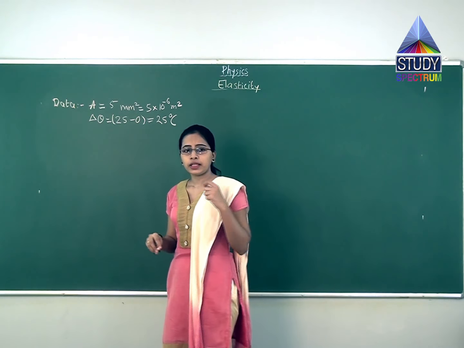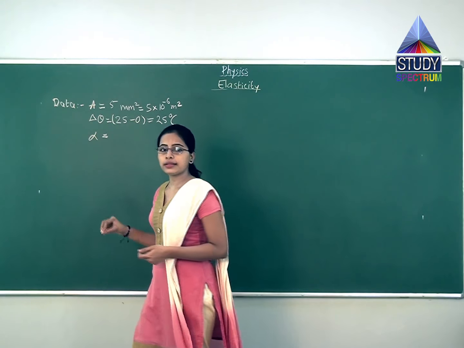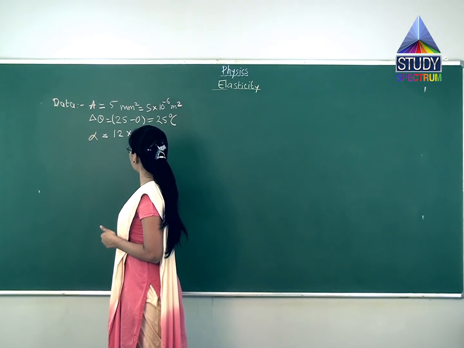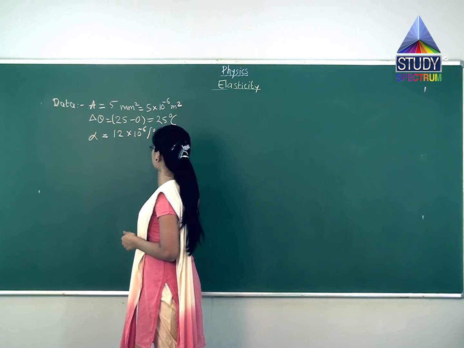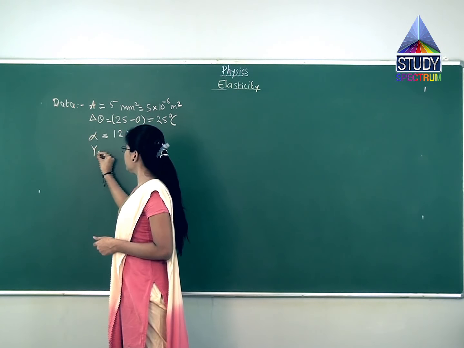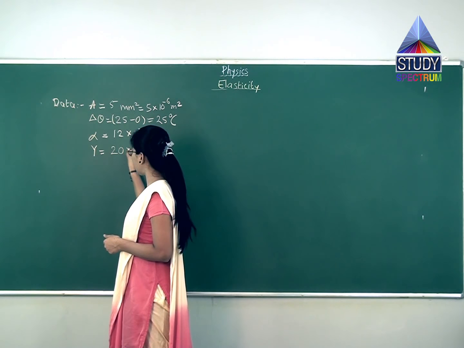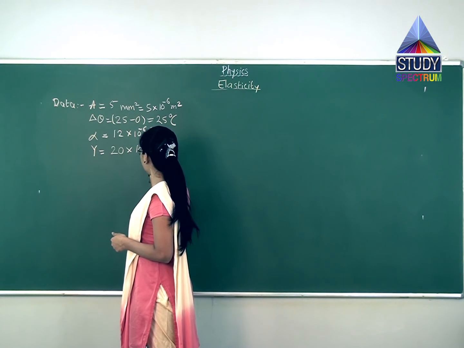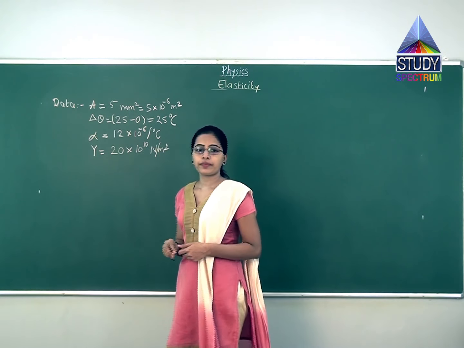Then the alpha value is given. It is 12 into 10 raised to minus 6 per degree Celsius. Then Y is also given, Young's modulus, 20 into 10 raised to 10 Newton per meter square.